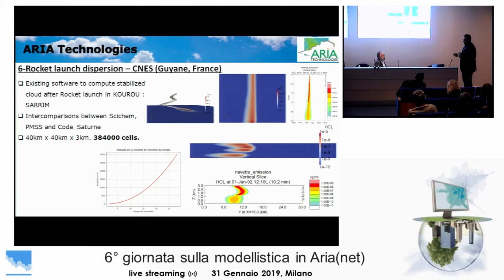So we are going to make an intercomparison between SkipUp, PMSS, and Code Saturn, and these are the first results of a comparison between Code Saturn and SkipUp. These are maps of an HCl release, and we try to define the best test case to compare all three models.